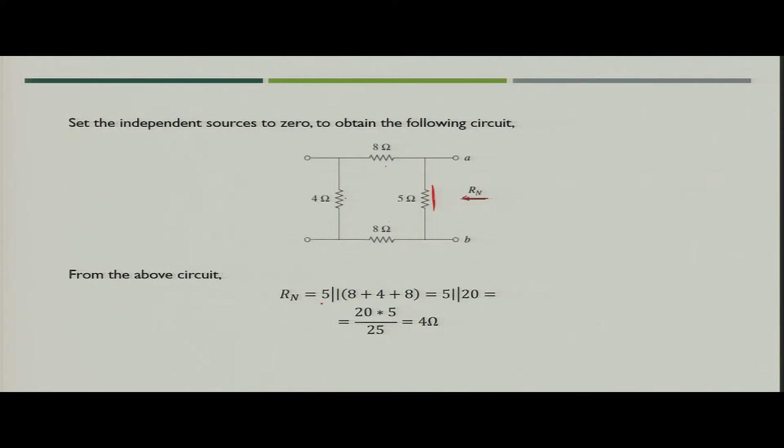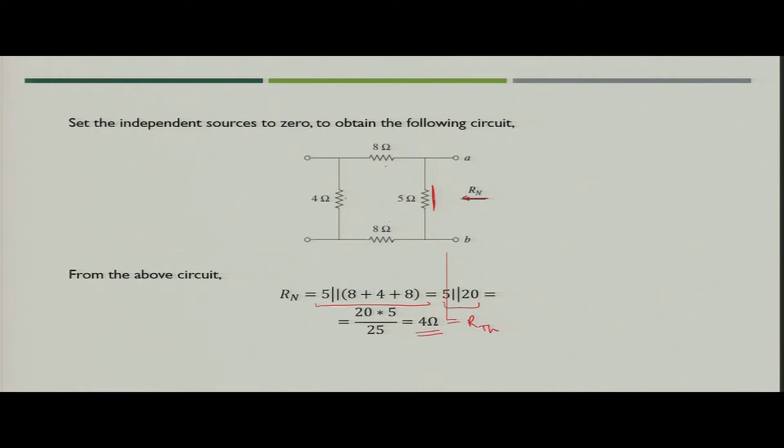So, what you can write? You can write 5 ohm resistance in parallel with the series combination of 8, 4 and 8 ohm resistances. So, what you get when you solve it? You get Norton's resistance is equal to 4 ohm, that is nothing but Thevenin resistance also.